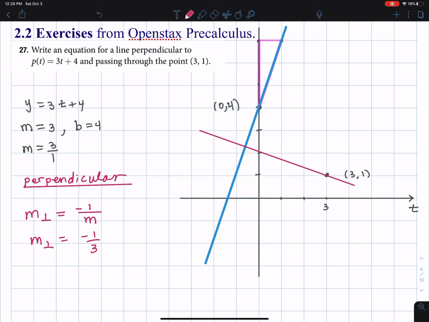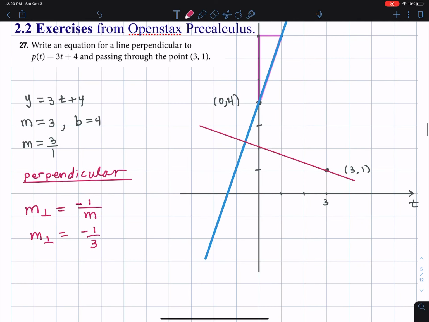Now, I have a point and I have a slope. That should be enough. Another thing is, if I sketch the graph carefully, which I did, I can look at this in terms of rise over run. So the rise is equal to negative 1 divided by the run, which is equal to 3. Negative 1 means going down by 1, and 3 for the run means going to the right by 3.